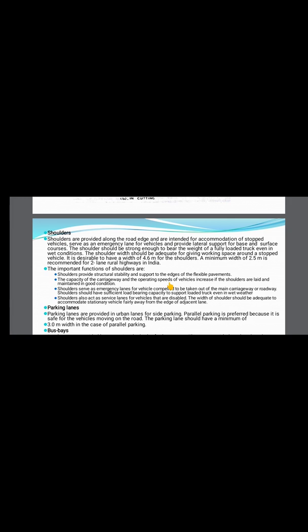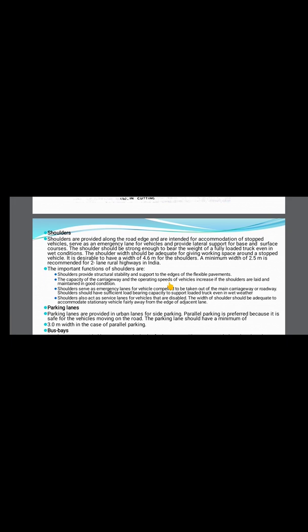The shoulder can bear the weight of fully loaded vehicles, because sometimes fully loaded vehicles are parked on that shoulder area, so they should bear that load. If not, again there will be a chance of settlement of the road.